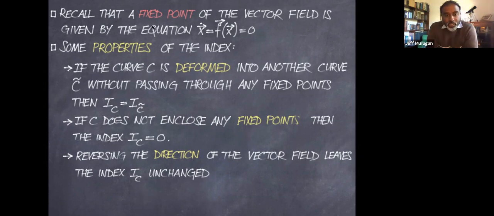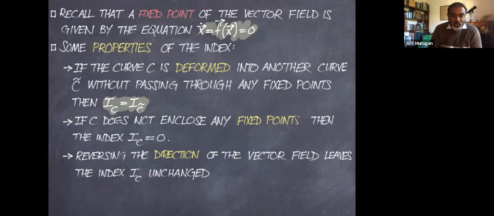The deal is, if I can deform my original curve C into a new curve C tilde, and I don't pass through any of the fixed points, these guys, if I don't pass through any of the fixed points of the vector field, then the index of my first curve with respect to that vector field is the same as the index of the second curve with respect to the vector field.